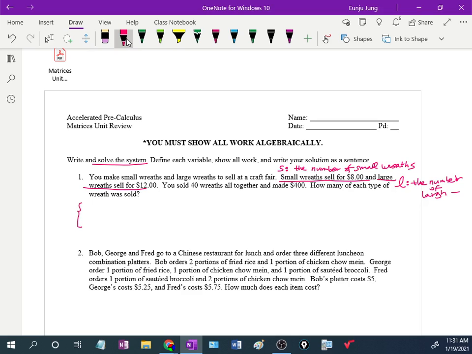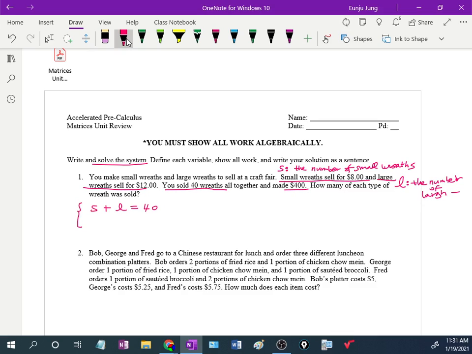So you sold 40 of them. S and L together make 40. That is one equation. Now let's think of our price, $400. How do we make $400?